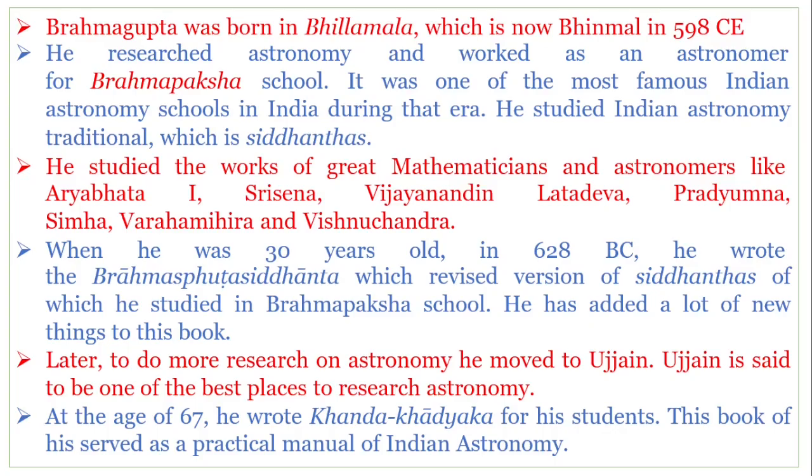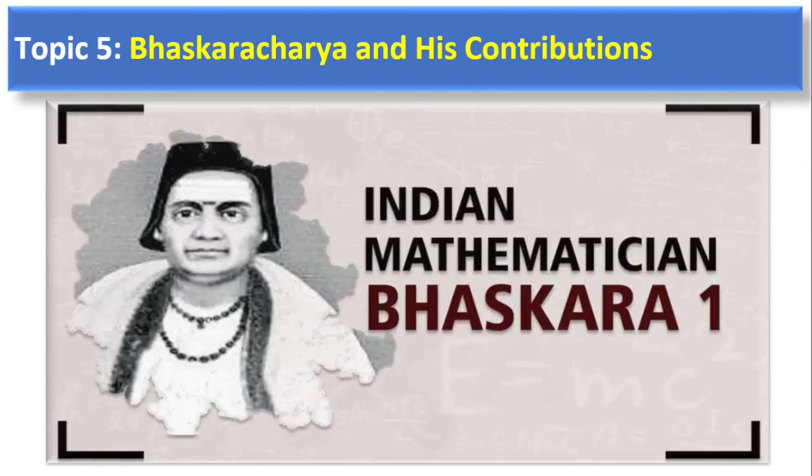Each adhyaya, each section, discusses some of the basic things in astronomy, such as the waxing and waning of the moon, and then also the conjunction of two stars and eclipses and so on. So this is about Brahmagupta.